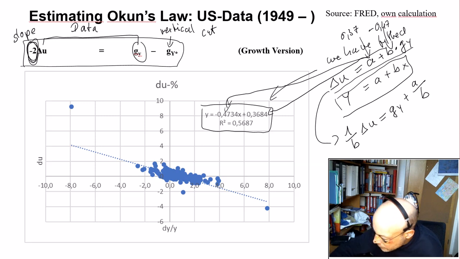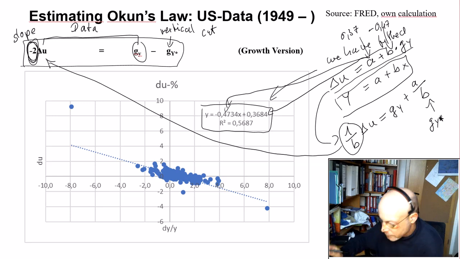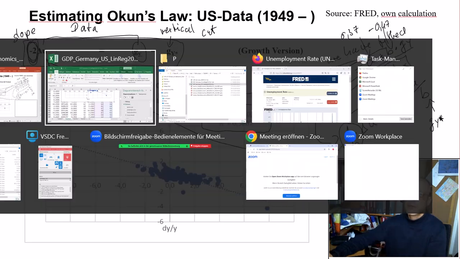And this we then can interpret as the growth rate of potential growth, and this we compare with the two. And let's do it. So what we need, a over b, and we need 1 over b.